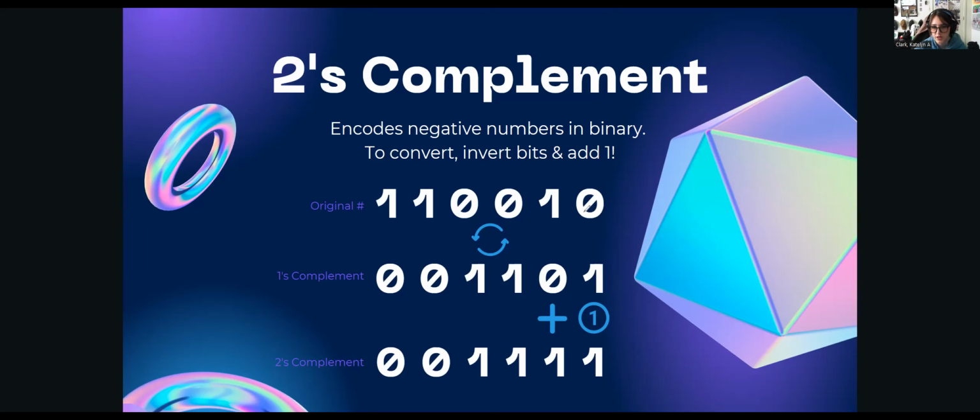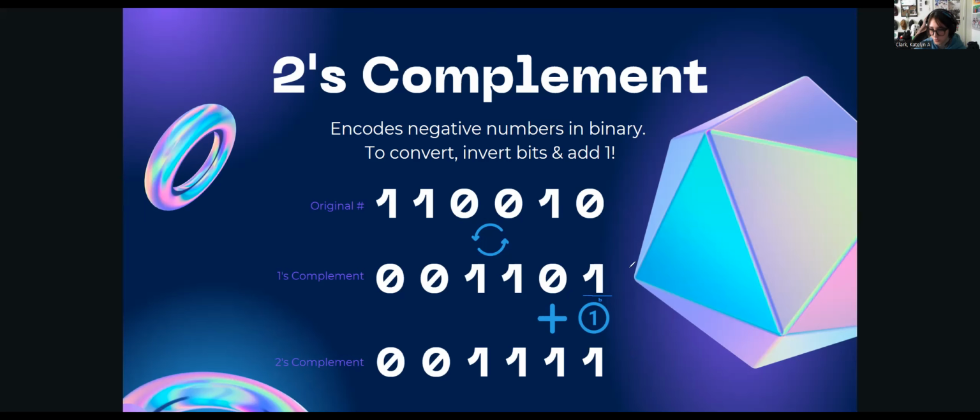To take a number from positive to negative, original to 2's complement, all you have to do is invert every single bit and then add 1. As you can see, 0 goes to 1, 1 goes to 0, all the way down bit by bit, and then you add 1 to the 0th bit.